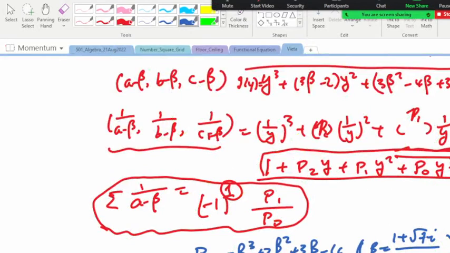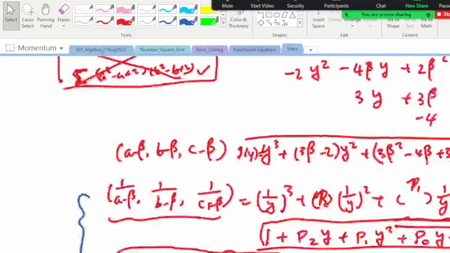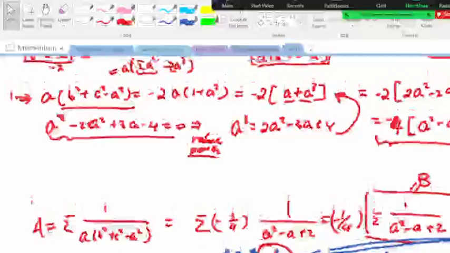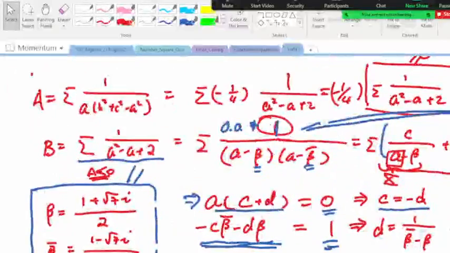Okay, so that's what we can get here, right? Take a look at the second one. What is the second one? We have this term and this term, right? Let me write it down for you.